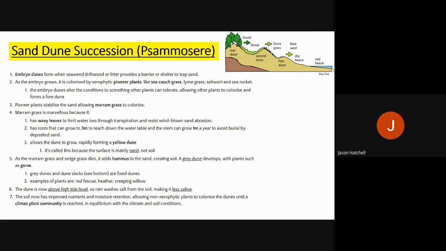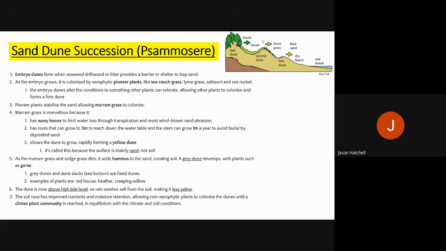Now, foredunes are slightly stronger than embryo dunes. And as you can see in the image here, foredunes form more grasses. They have a higher relief rate. And then as you go further back again, the plants get stronger, the dune stabilizes further, and we get a second type of dune.